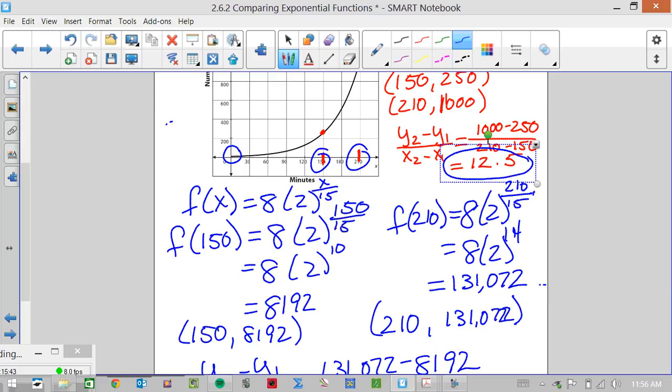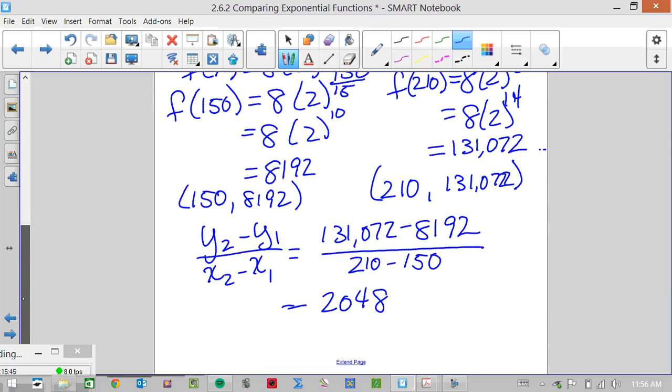For our graph, it was 12.5. For our function, it was 2,048.